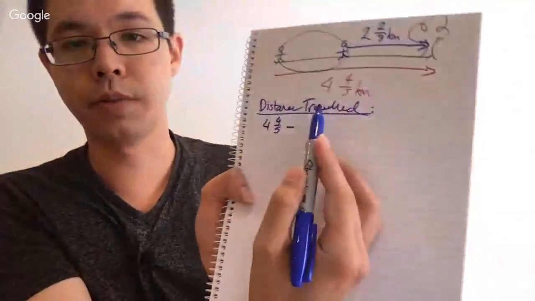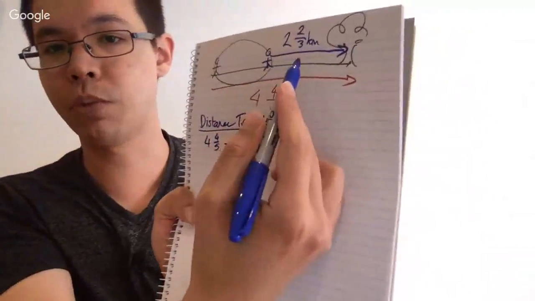So find out distance traveled. It'll be the 4 4/5 of the total distance removed by how much was left to walk, 2 2/3.